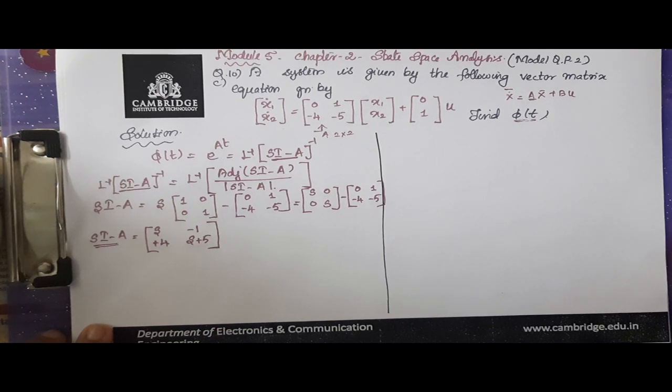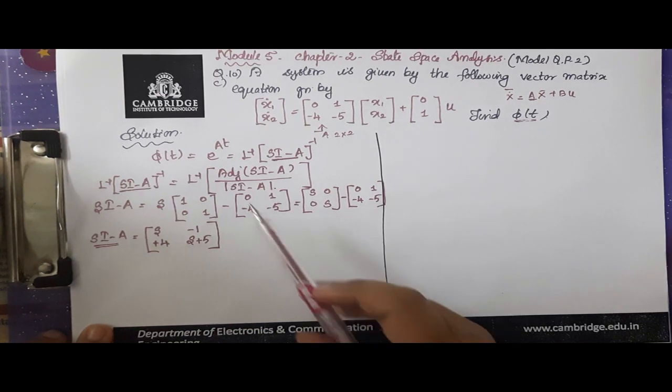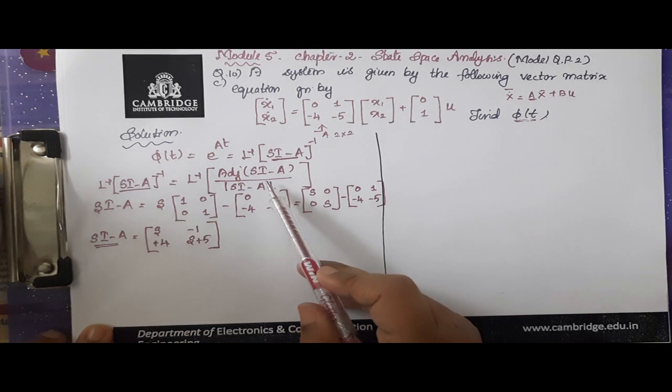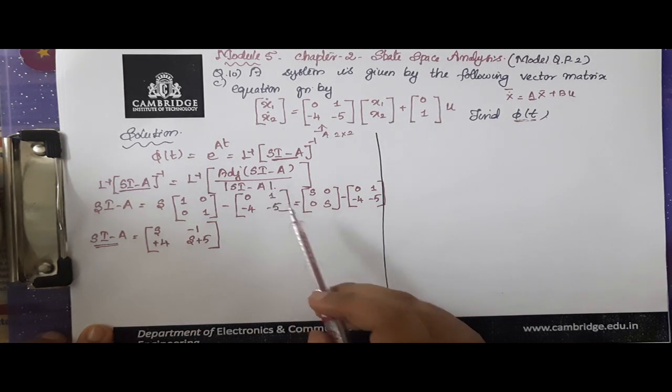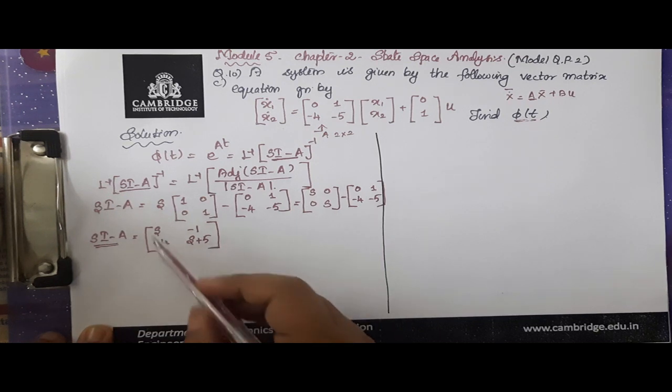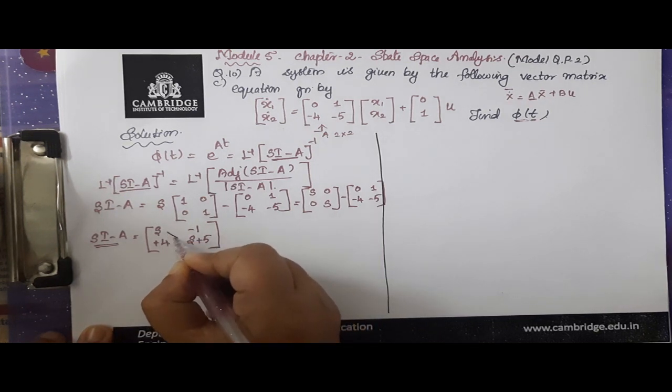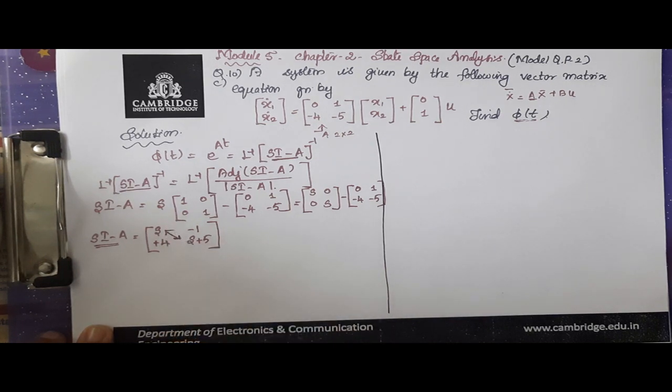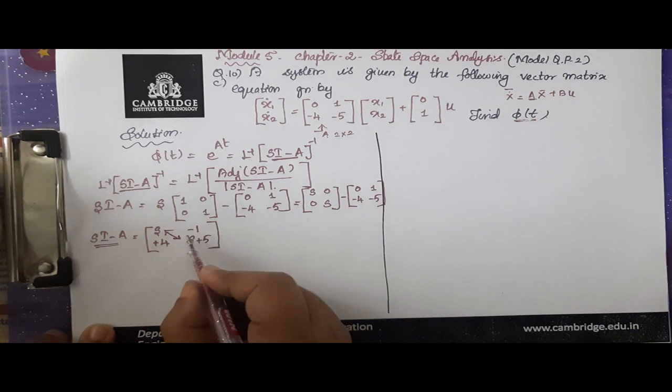While finding the adjoint of a matrix sI minus A of order 2 cross 2, we have to interchange the diagonal elements, and we have to change the sign of the remaining elements. I will repeat once again.